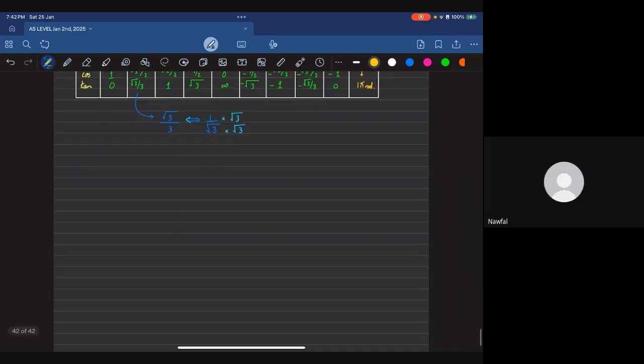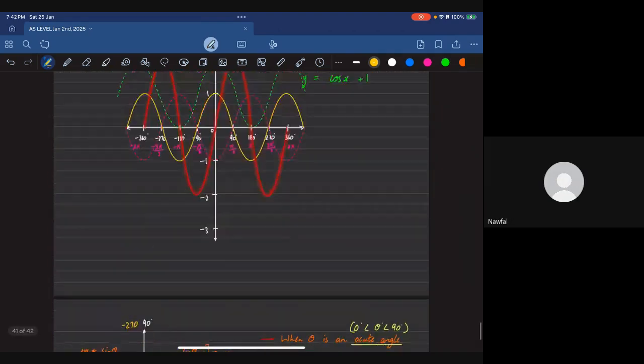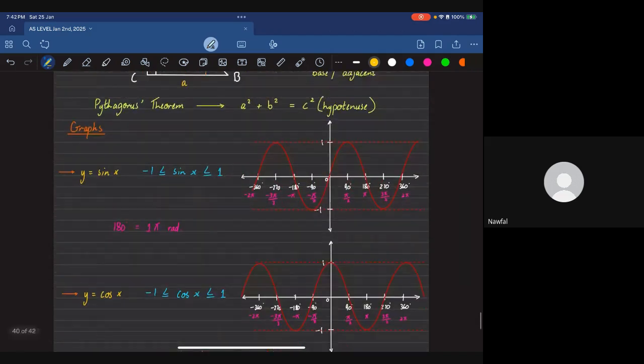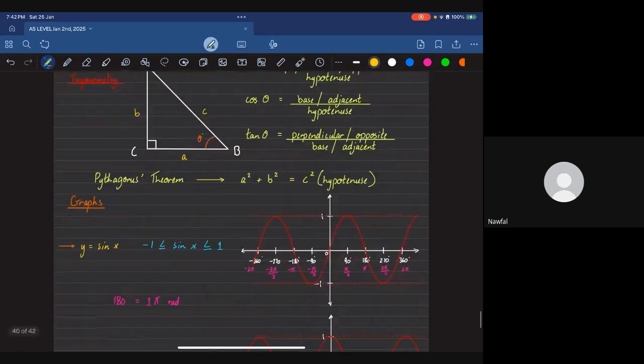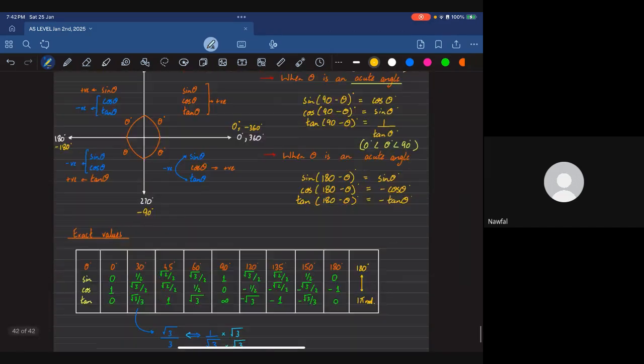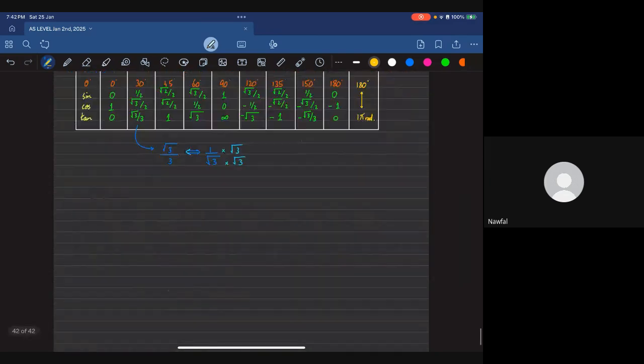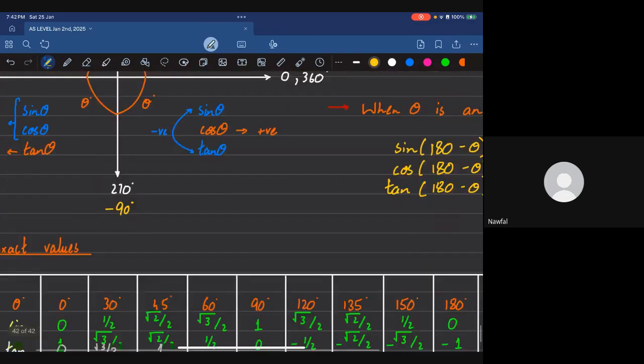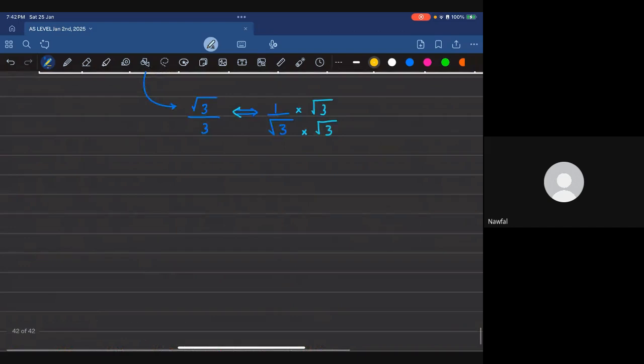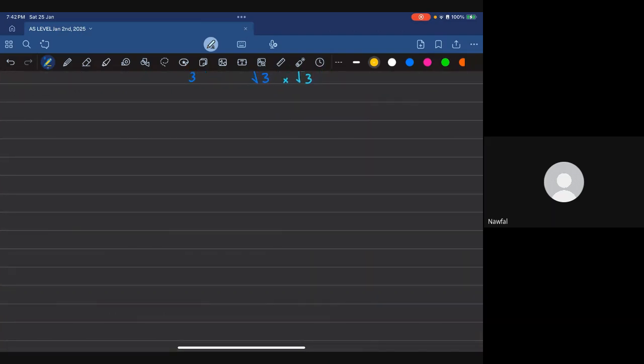Yes, sir. Now we've gone through the graphs, we've gone through how the initial trigonometry was. We've also gone through each and everything. Now what we're going to be concerned with is the types of questions that actually come. Because whatever we've studied up to this point has already been taught to you, more or less.